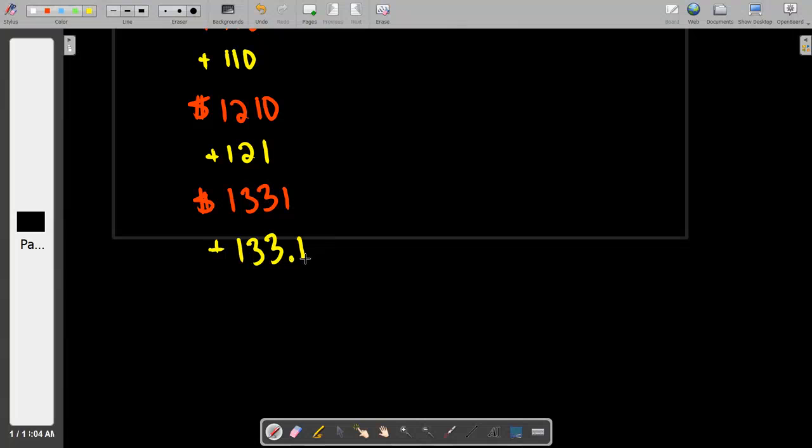We want to be accurate. How much would we have at the end of that year? Careful, I've not lined up my decimal points very carefully, so I need you to not make any silly errors here. I'll try to scoot it over a little bit. Is that better? $1,464.10. And so this continues, right?